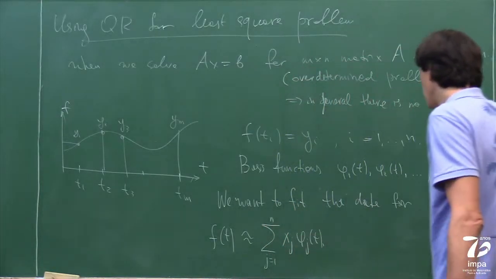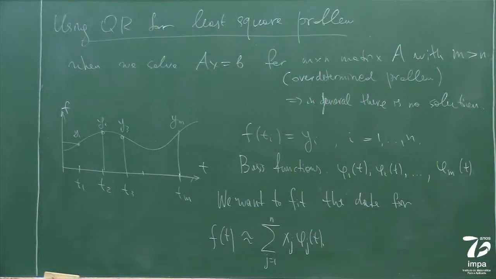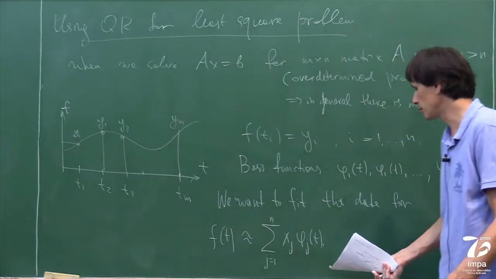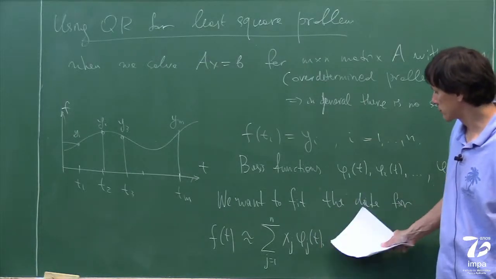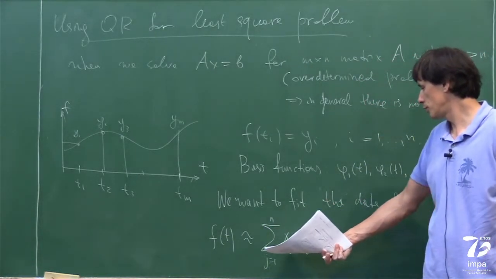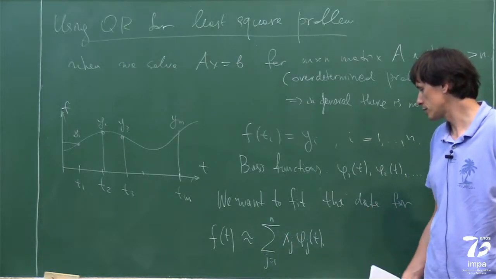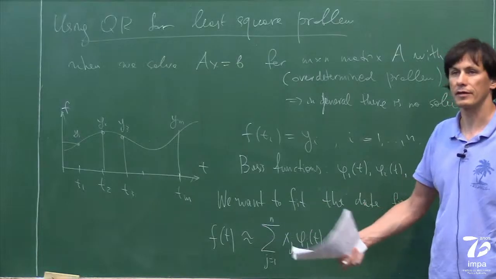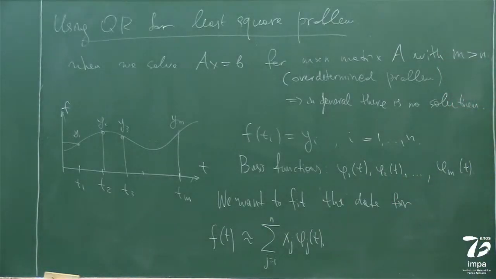We say that we will take a linear combination of these functions in order to approximate f. So we need just these coefficients, x1 to xn, and having these coefficients, we can compute f at any other point automatically.